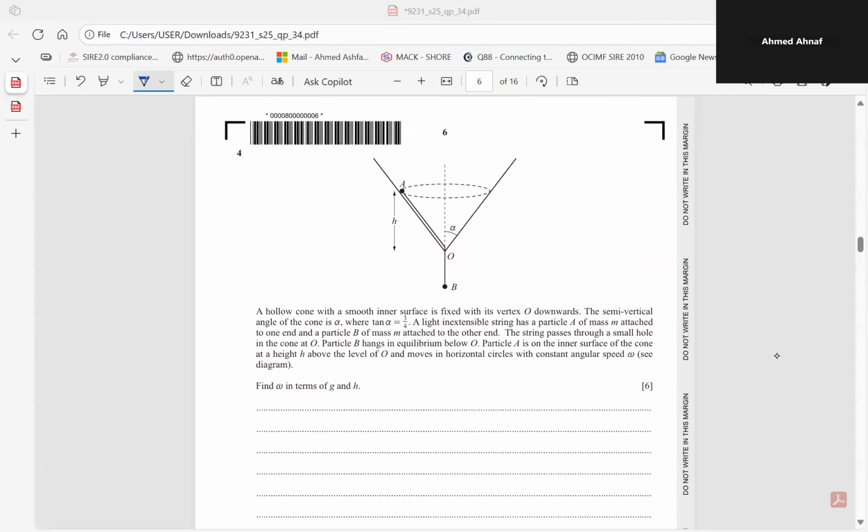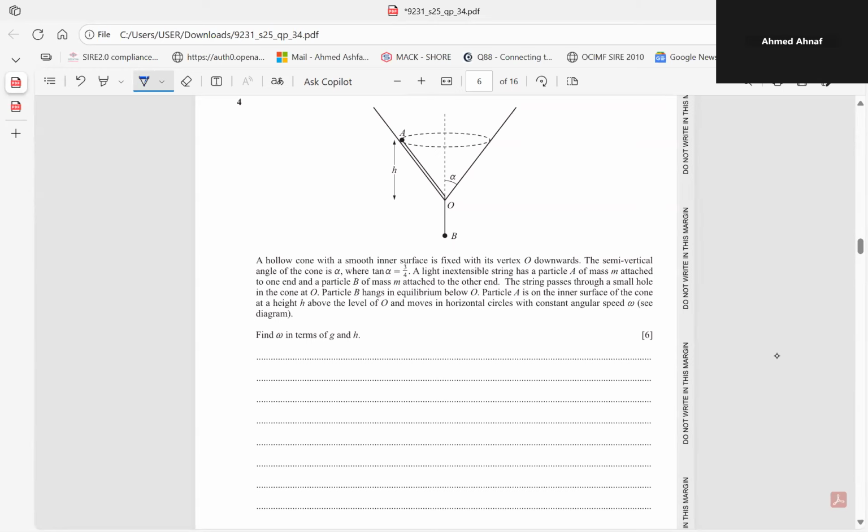For this question, we're told that a hollow cone with a smooth inner surface, so that means anything inside it would not experience any friction, is fixed with its vertex O downwards. Then we're told the semi-vertical angle of the cone is alpha, where tangent alpha is 3 over 4.